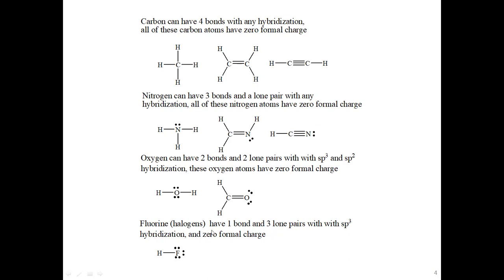Okay, and halogens only make 1 bond, so we only expect them to normally be sp3, and we would have half of the electrons in this 1 bond, that would be 1, and then the 6 in the lone pairs, so that would be plus 7, minus 7, 0 formal charge. Okay, so all of these atoms on this page here are 0 formal charge.